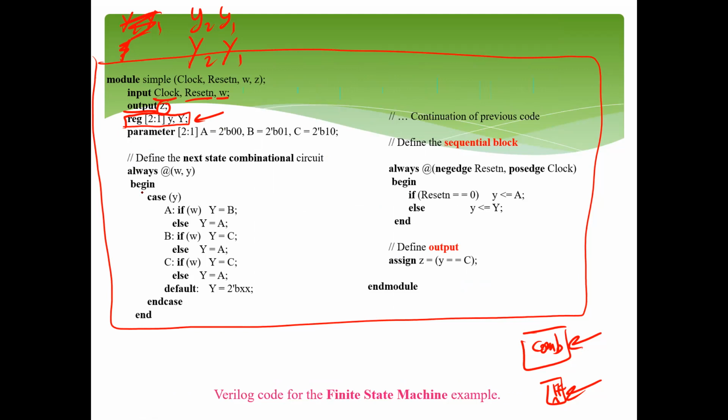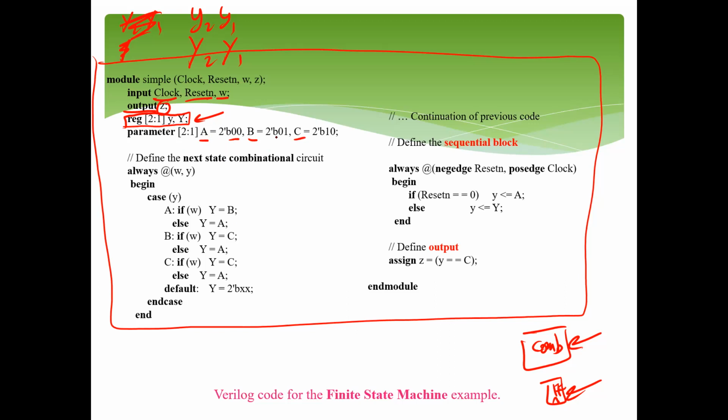One thing that will make your life easier is to declare the states or the state codes in a parameter. Why? Because when you code, you don't have to remember the actual binary code that you stated for each state. So I'll have a 2-bit parameter A, B, and C, and I'll give them the codes that I assigned before.